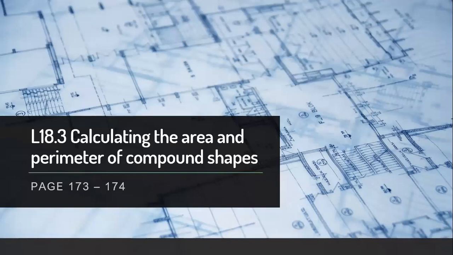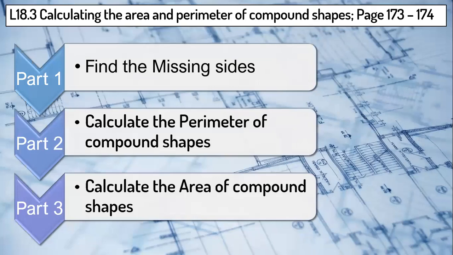The compound shapes we're talking about are a combination of two rectangles or a rectangle with a square. Other combinations, I'm not going to ask from you in this class. I'm going to ask it next year. For right now, we have the last part of the lesson, which is to calculate the area of compound shapes.